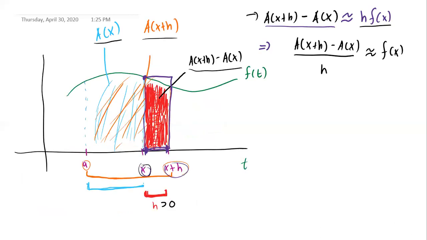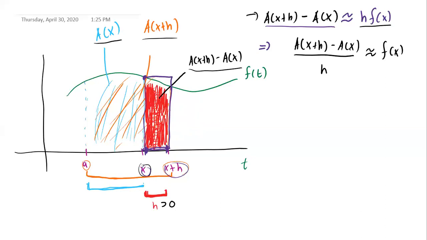We had this function f of t, just any continuous function. I wrote down two area functions, A of x and A of x plus h. So the net area bounded on the interval from a to x, in orange here, and the net area bounded on the interval from a to x plus h, that interval in blue. I wanted to approximate the area just on the interval x to x plus h.